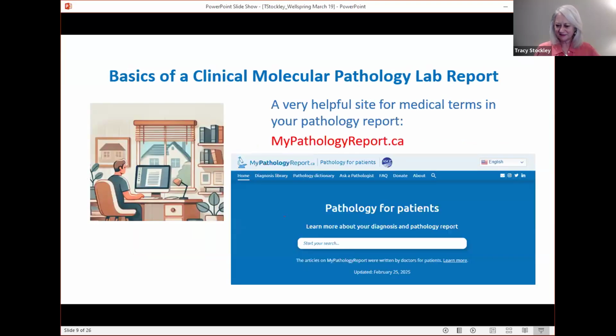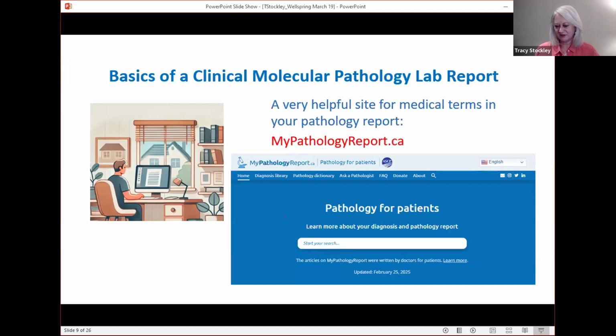Okay, so I did want to point out two very helpful websites that can give you some information on some of the terms that you see in your reports. This is the first one. It's called mypathologyreport.ca, a Canadian website, and they have a great glossary of any type of term you might see in your pathology report.